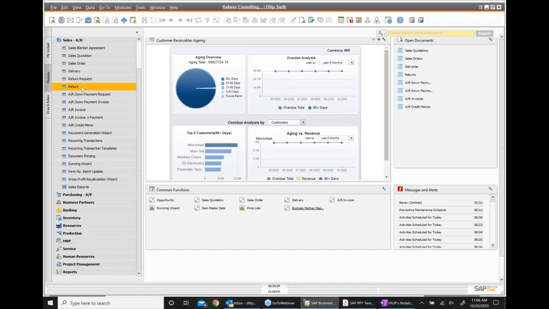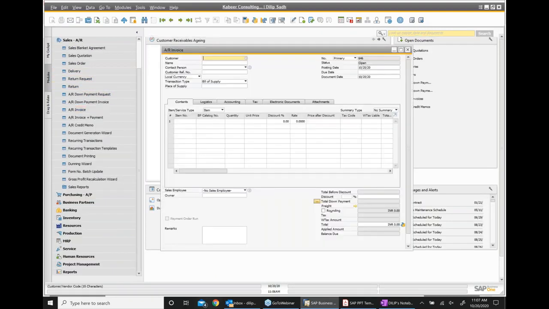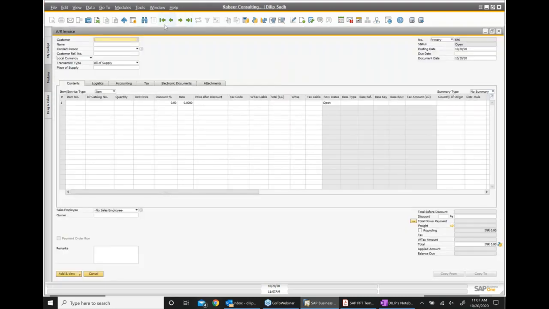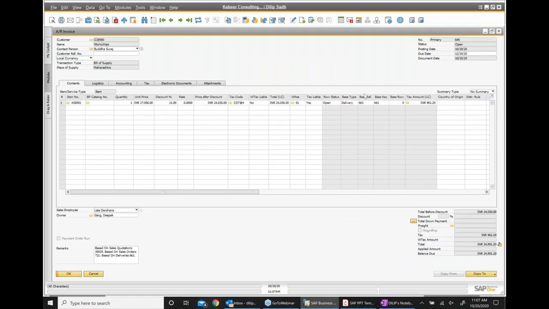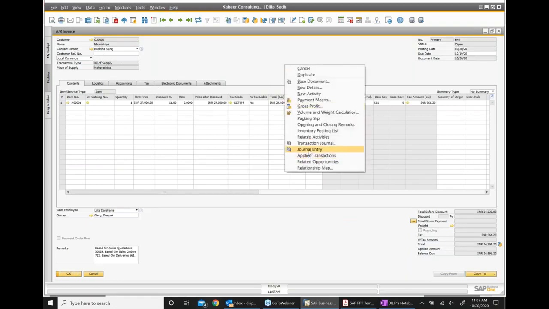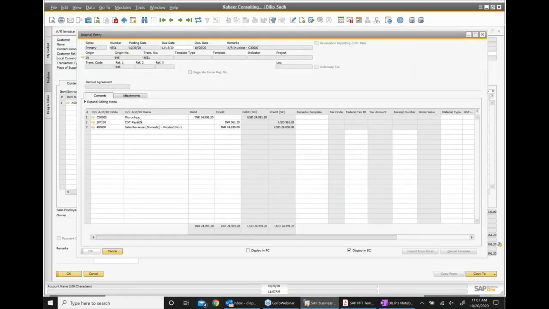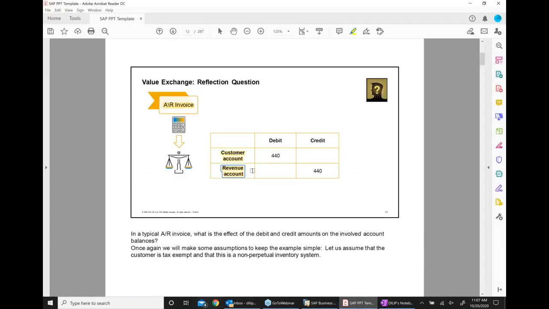If I go back to my customer invoice, if I go to my previous record, this was my previous record. If I go to journal entry, this is my journal entry. In the journal entry, my customer Microchips is debited. My sales revenue is credited. That is what we see here.